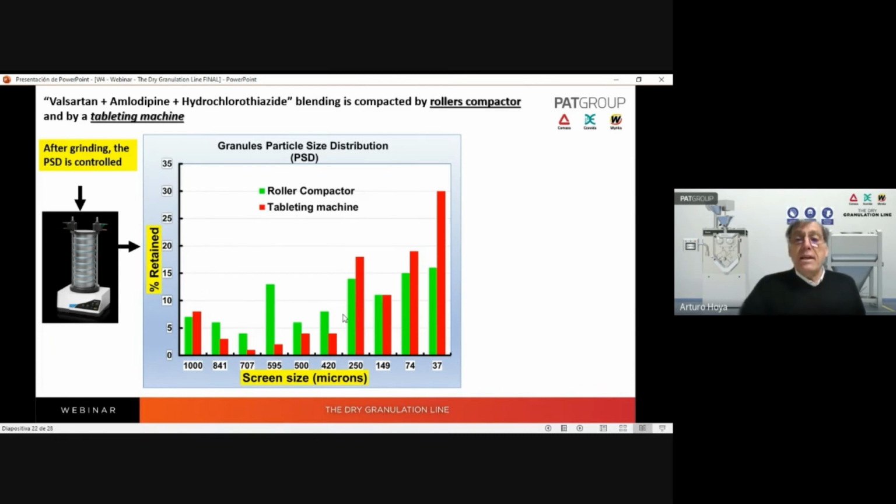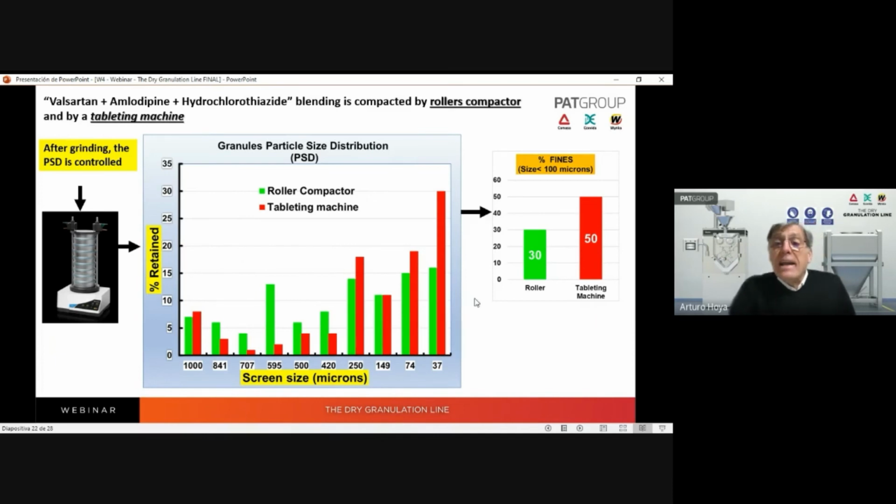What we can see is the fines, the percentage of fines. Fines means size lower than 100 microns, and it is very much bigger than the roller, 50% against 30%.